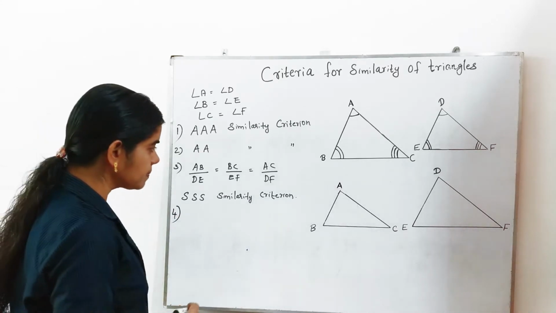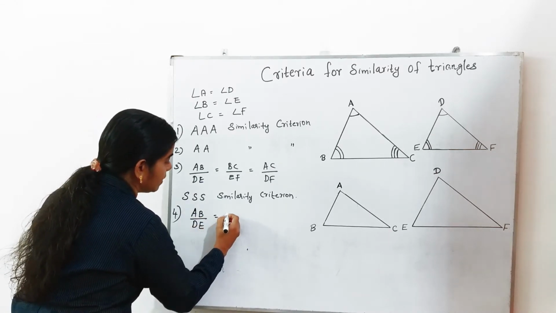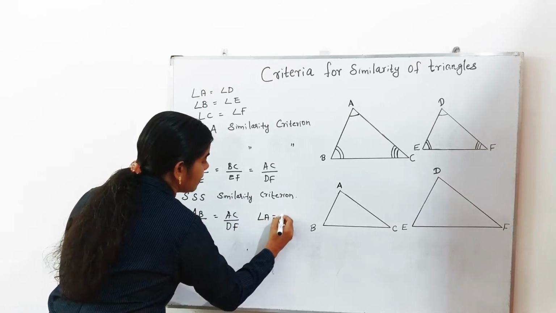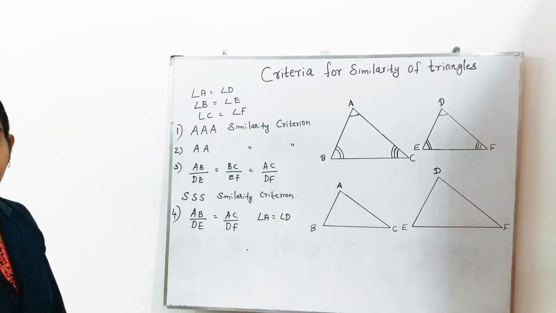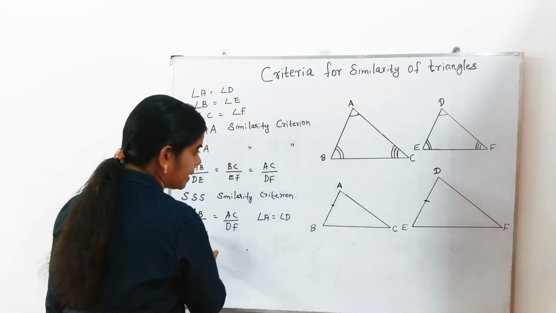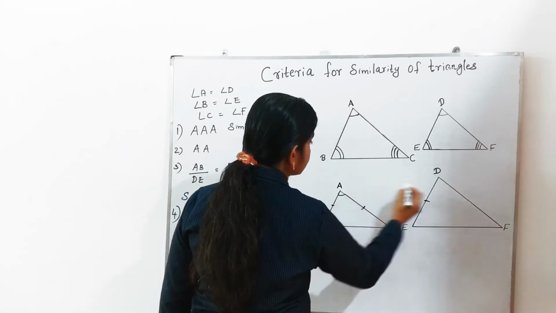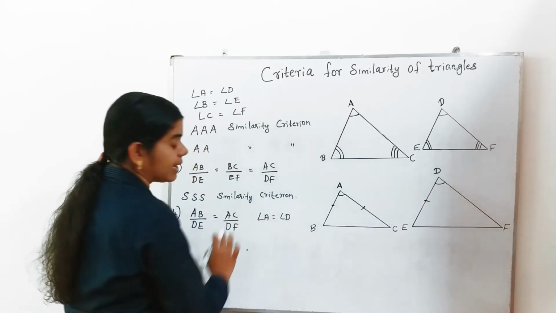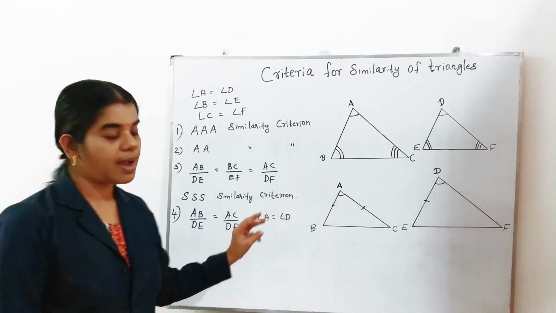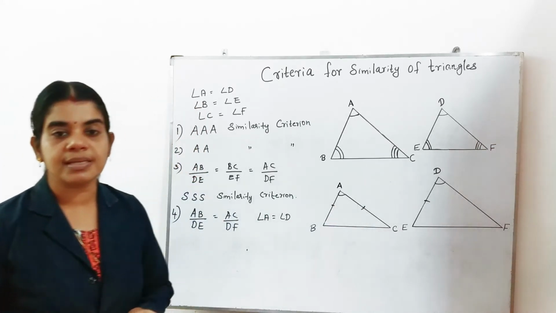Next one. I am taking AB by DE equal to AC by DF and angle A is equal to angle D. Thus for these two triangles, AB by DE is equal to this side AC by DF and the including angle A is equal to angle D. Then what we want to say: two corresponding sides ratio are equal and the including angle also is equal, then those two triangles will be similar.